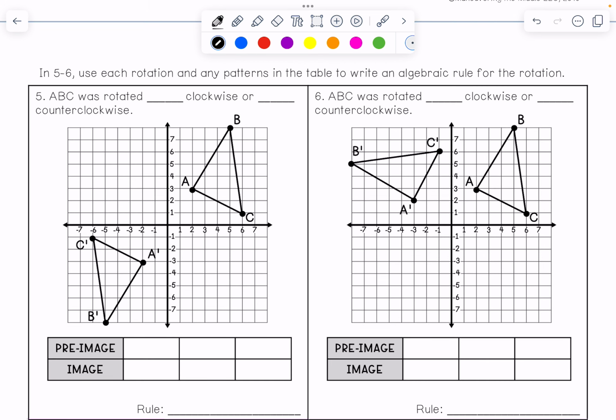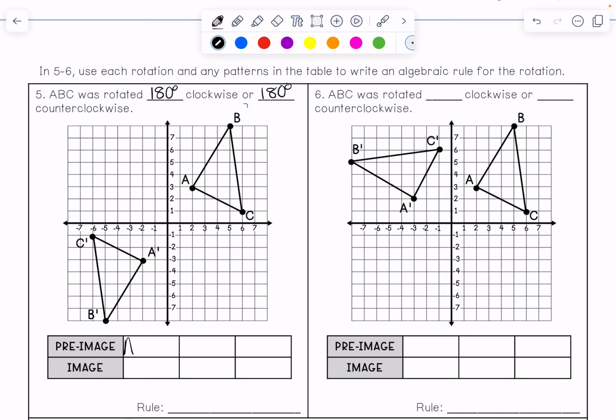So we're going to look at our pre-image and image points again here with the rotation. On this one, we rotated from our triangle ABC to A prime, B prime, C prime. We moved 2 quadrants, so we can say this is 180 degrees clockwise, which is also equivalent to 180 degrees counterclockwise. Our pre-image points: A is at 2, 3, B is 5, 8, and C is 6, 1.